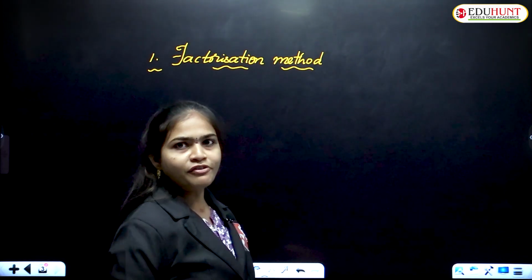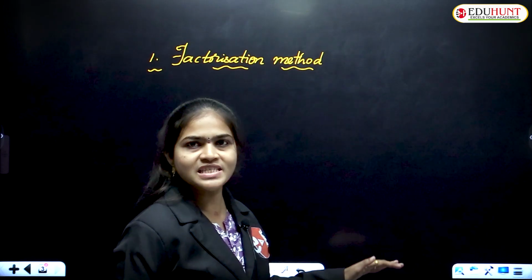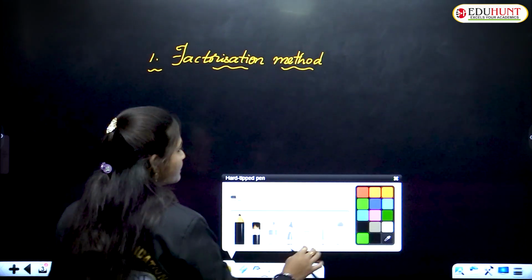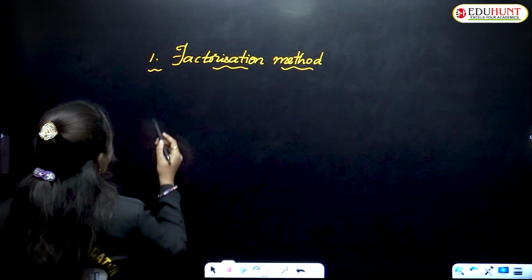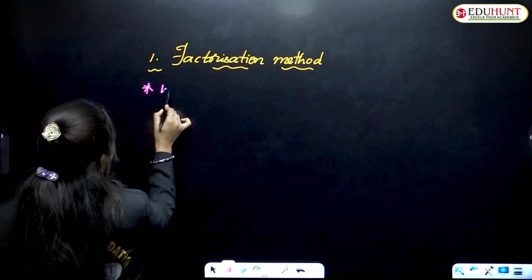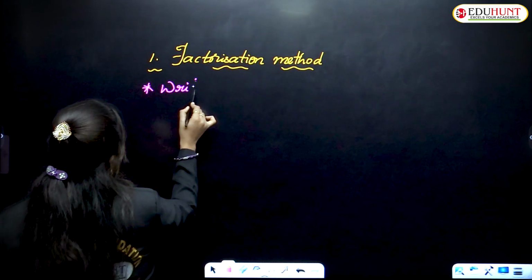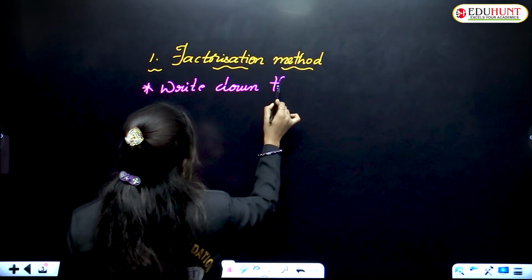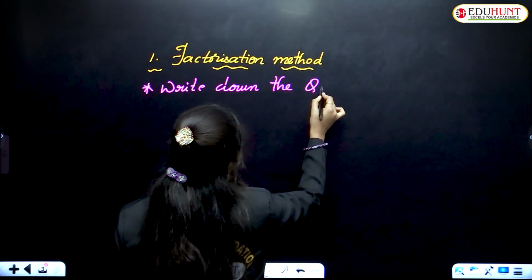So what about the factorization method? Here we have some steps to follow. I will write all the steps here, just see. The first step is to write down the quadratic equation.